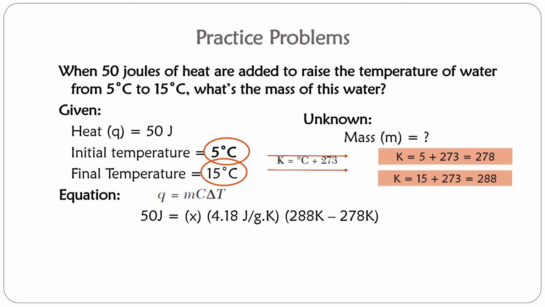We'll start plugging in the numbers. Q is 50 joules, mass is unknown, so that will be X, and then the C, which is specific heat of water, is 4.18 joules per gram Kelvin.